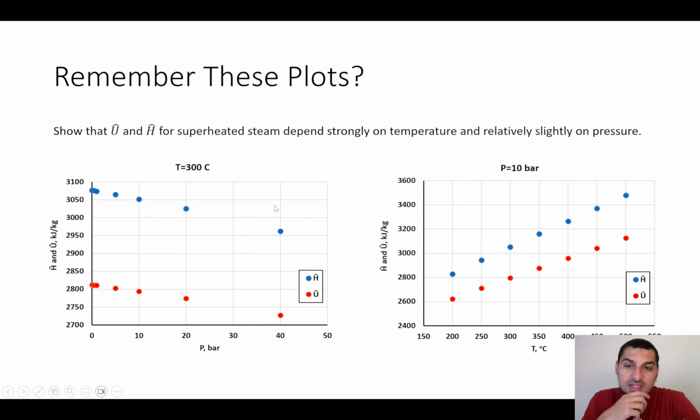And we said that at constant temperature, and here the temperature is constant, you can see the enthalpy is changing very little due to a large change in pressure, and the same for internal energy. On the other side, the enthalpy was very dependent on temperature, and this is something that must be clear, that the pressure effect is very minimal compared to the effect of temperature.